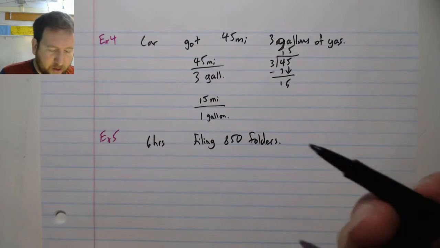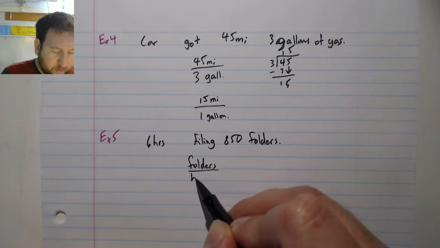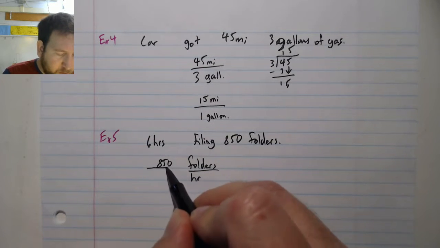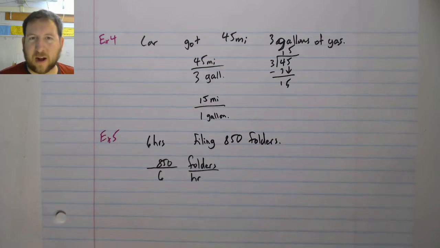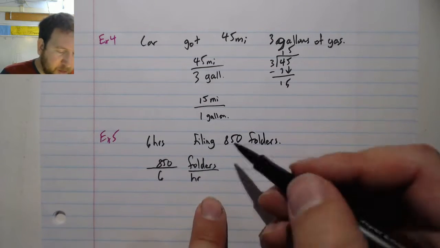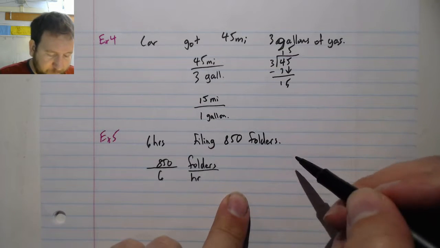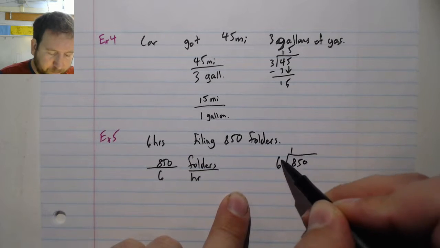So I want to know folders per hour because that's most useful to me. So I'm going to put 850 over 6, right? That's going to give me my folders per hour, my unit that I really want to look at. And all I'm going to do this time is divide by 6. So if I wanted, I could use a calculator, but I'm trying to practice my long division, so I'm going to do it this way.